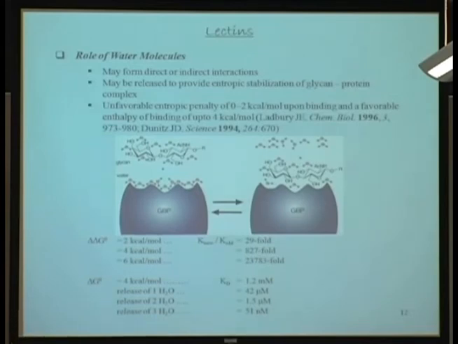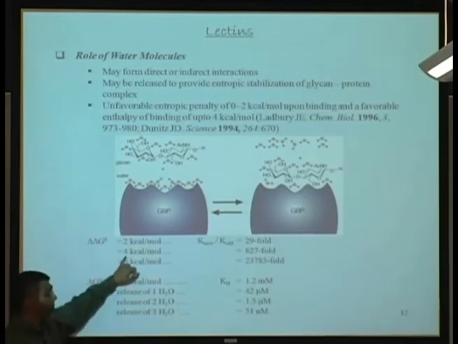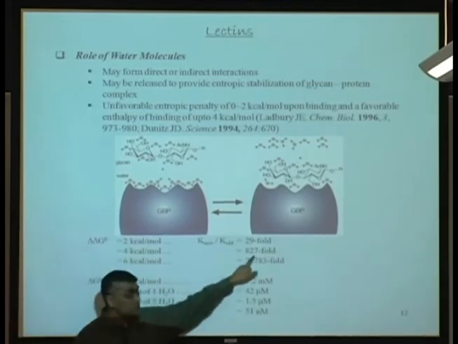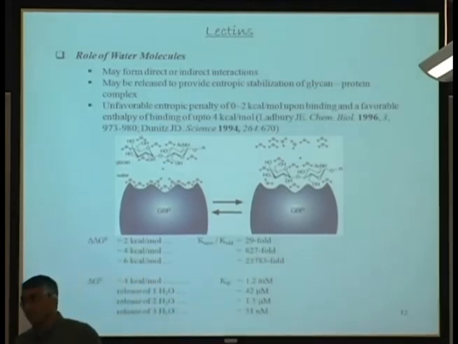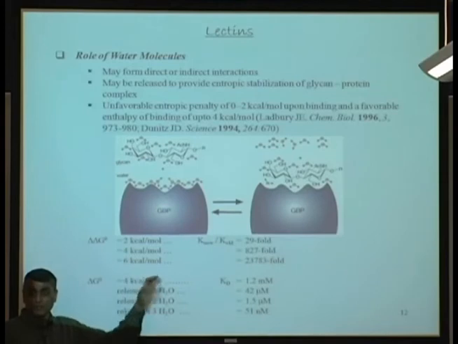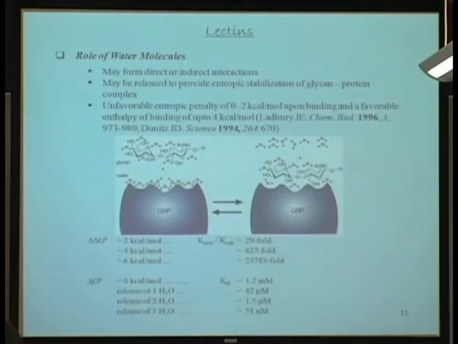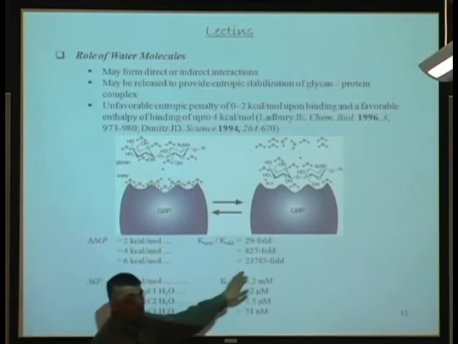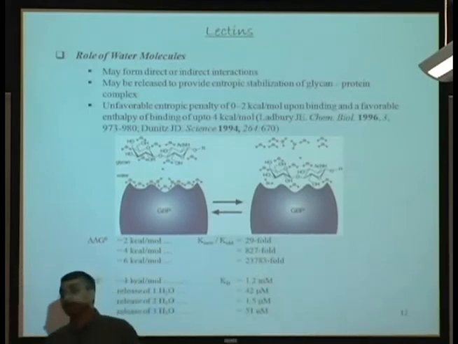If you have a stronger net hydrogen bond, let's say 4 kilocalories per mole, it's an 800-fold increase in affinity. And if you have 6 kilocalories per mole, and we are not straying too far away from net 1 hydrogen bond, it's approximately a 24,000-fold increase in affinity.